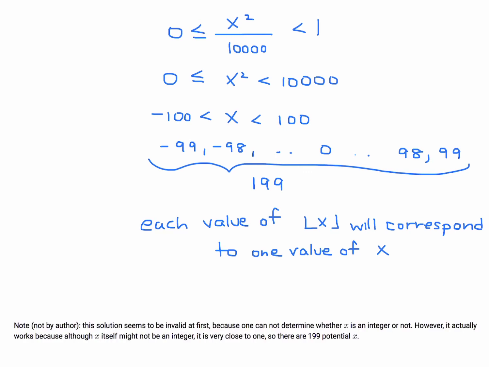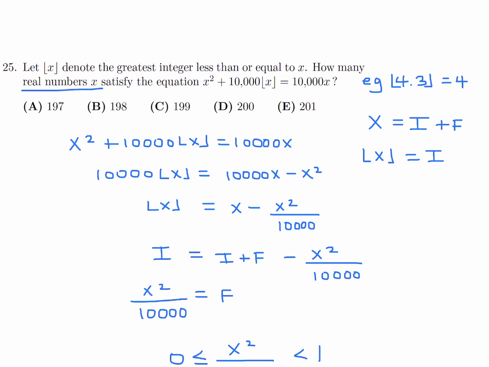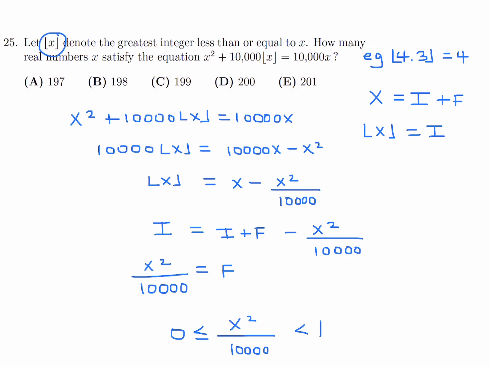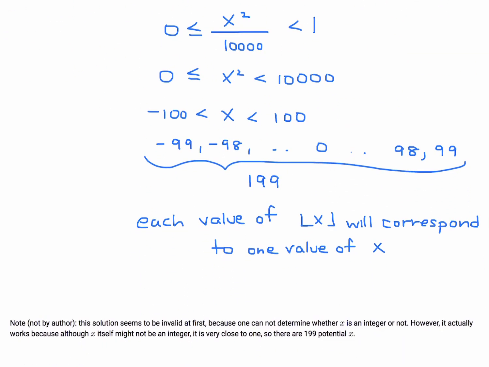Now this question is a little confusing because x is a real number, right? Real number x. They don't specify it as an integer. X bracket is an integer. But apparently, for every value of x bracket, you get one corresponding value of x.